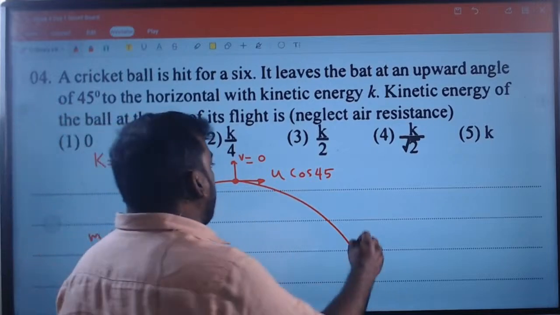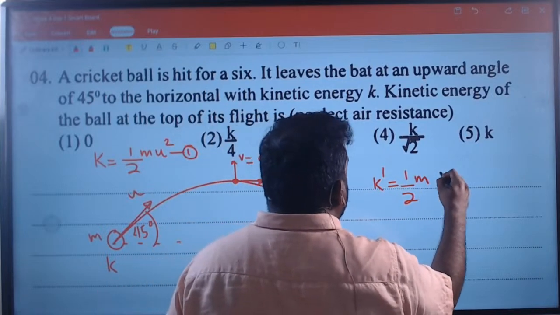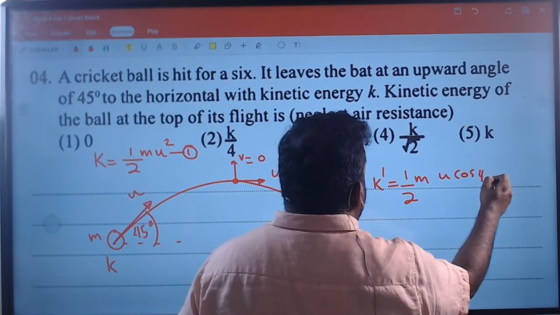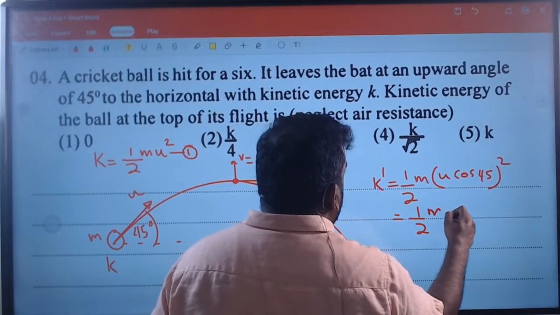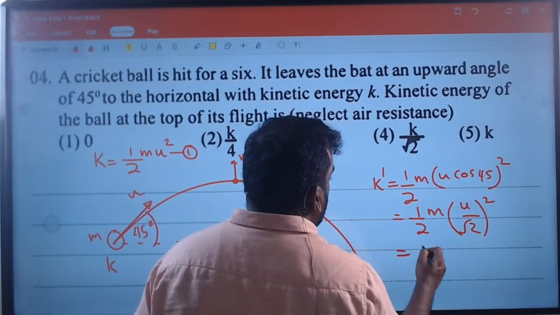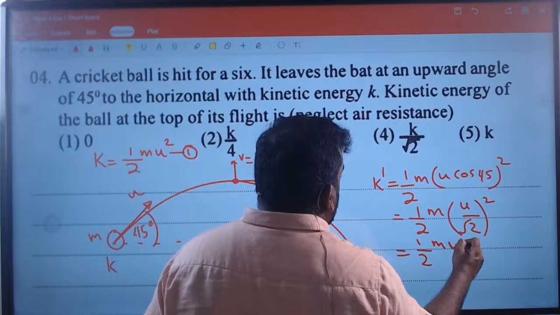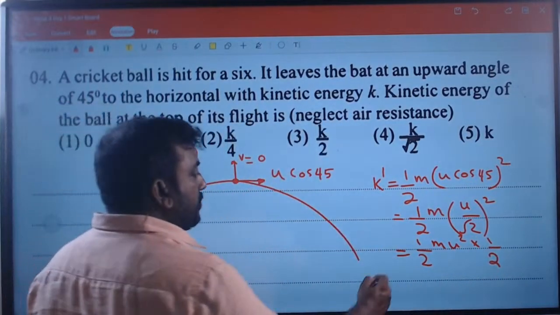At the highest point, kinetic energy K dash is half m u cos 45 whole thing square. Half m u cos 45, 1 over root 2, whole thing square, gives half m u square times half.